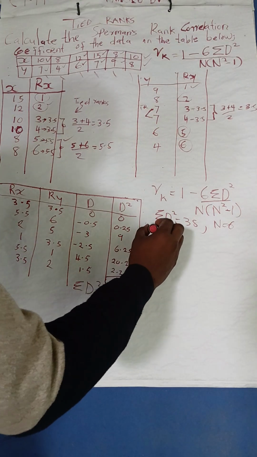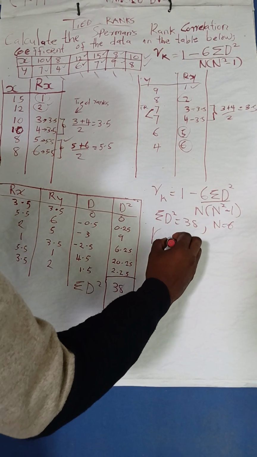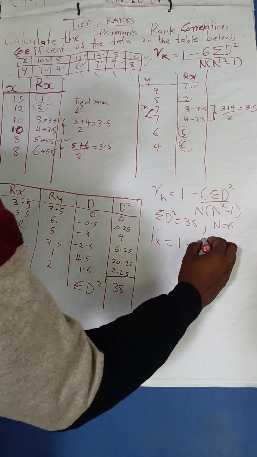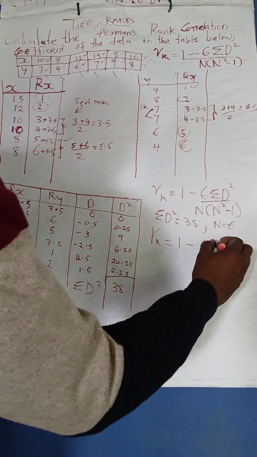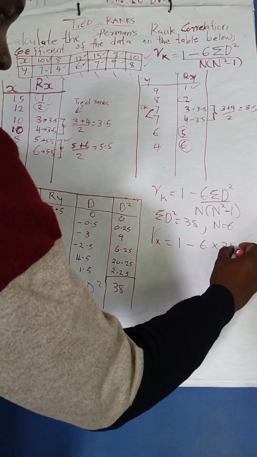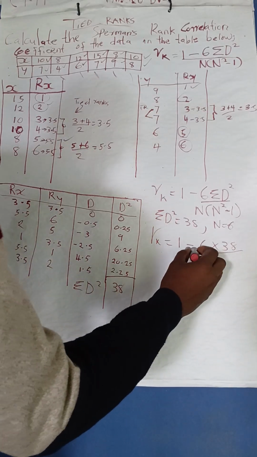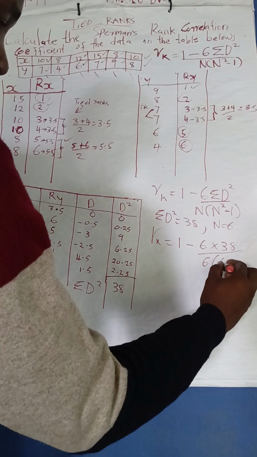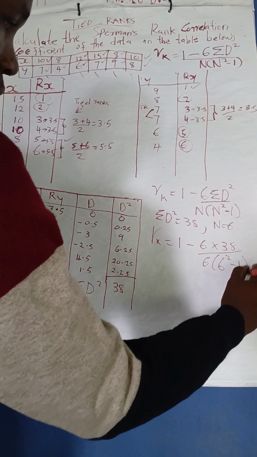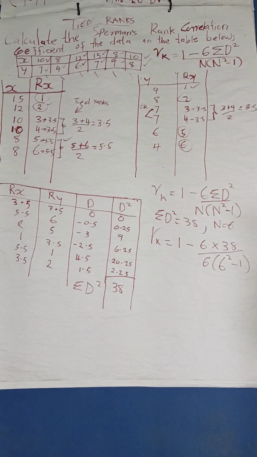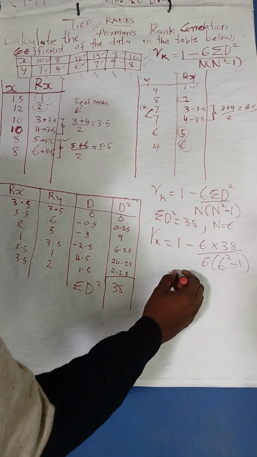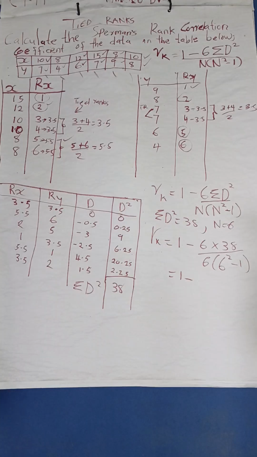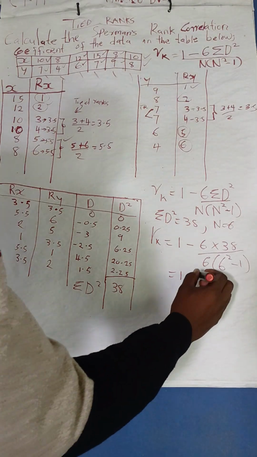So it will be rK is equal to 1 minus 6 multiplied by 38, then you divide by 6 multiplied by, in bracket, 6 squared minus 1. Good. So after you do that, you'll have your answer as 1 minus 1.0857, for those who have the calculator.